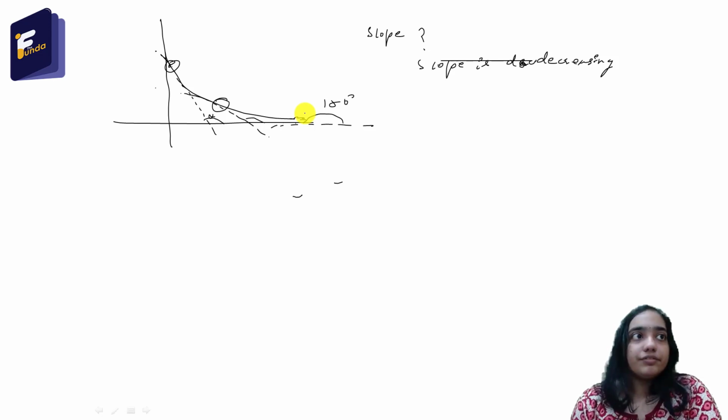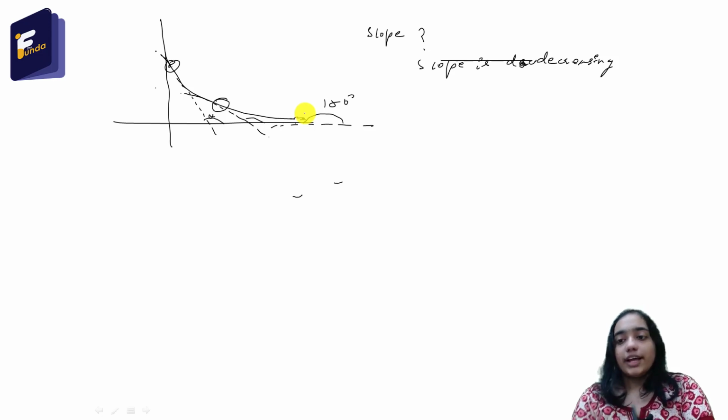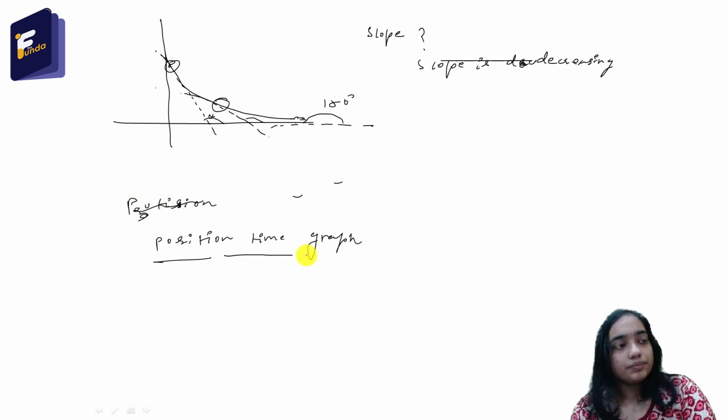So whatever we have learned in the last few minutes, we are going to use for the various graphs of physics, and that is motion along a straight line. So first we have to discuss the position time graph. What is the position time graph?